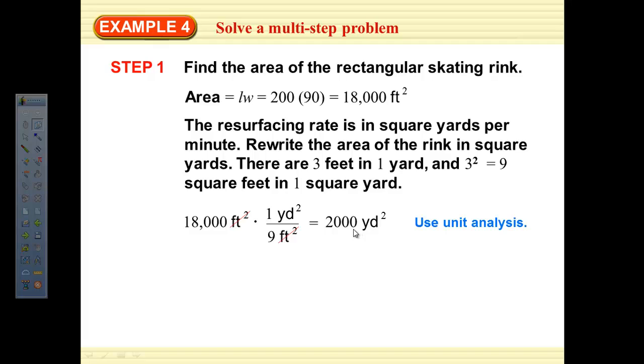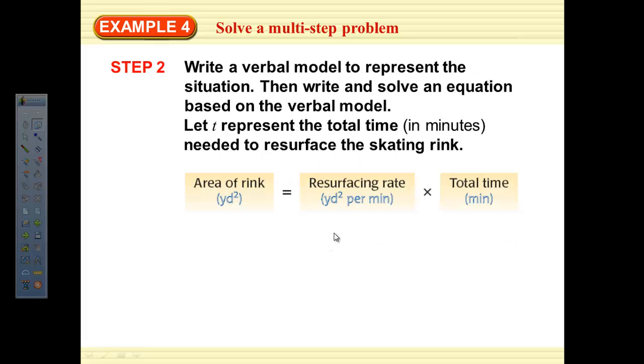Now, we still have that 270 square yards per minute, and we have this many yards. So what we're going to do is take the rate in square yards per minute times the time, and that's going to give us the total area here.